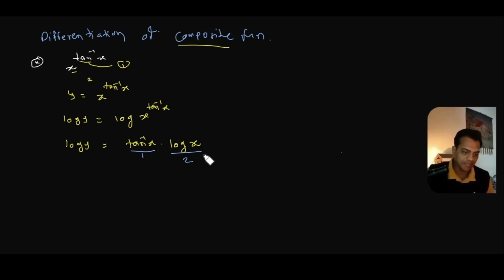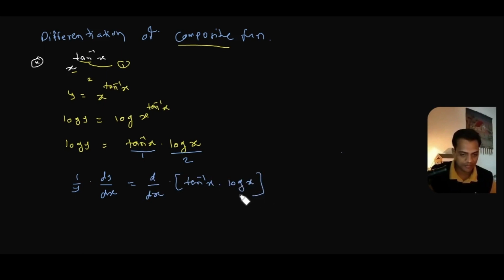So whenever I apply differentiation on both sides with respect to x, log of y, its derivative will become 1 upon y into dy by dx. If I apply the derivative on this side, it becomes d by dx of tan inverse of x into log of x.